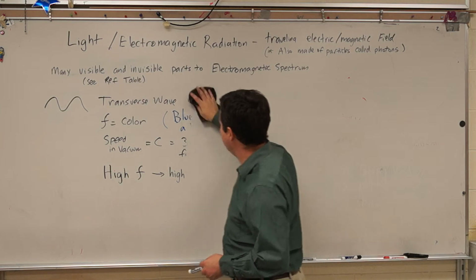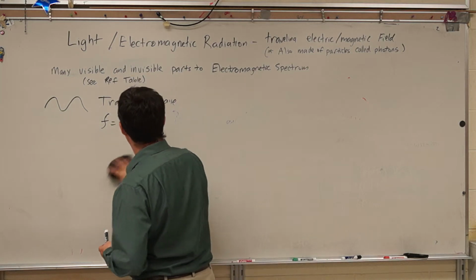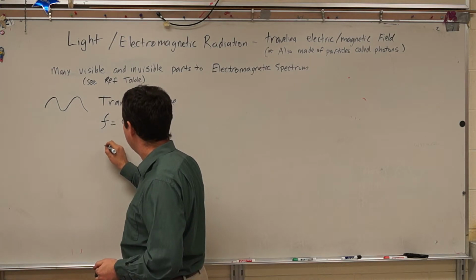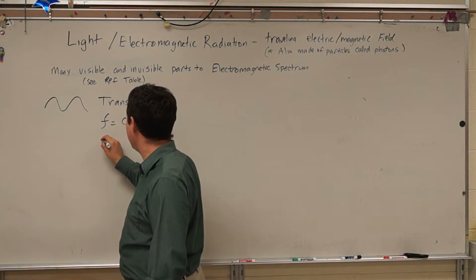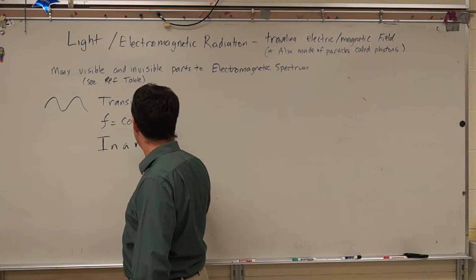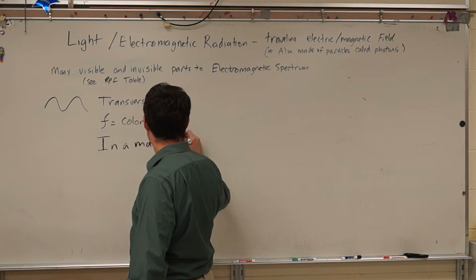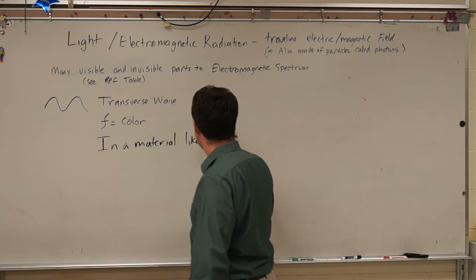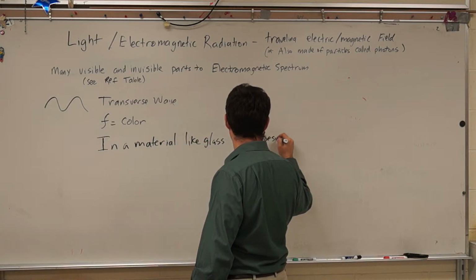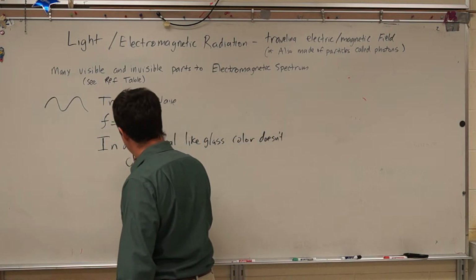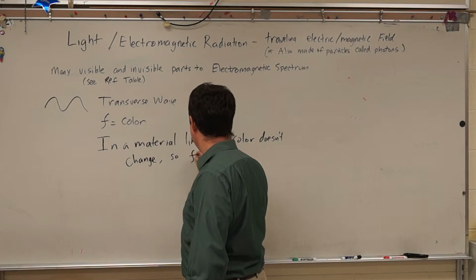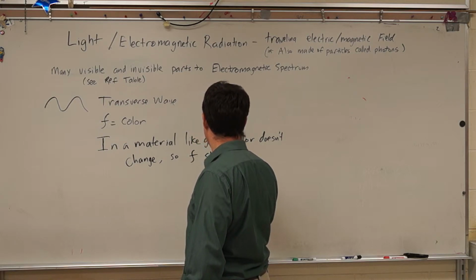So if we look at the different colors of light, and I said frequency is related to color, if light travels through a material like glass, the color doesn't change. So your frequency stays the same.